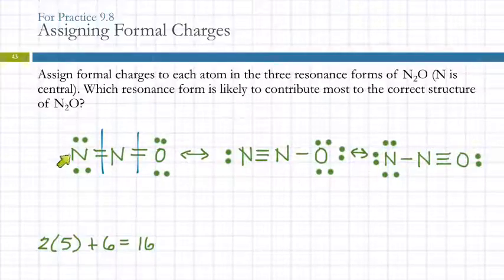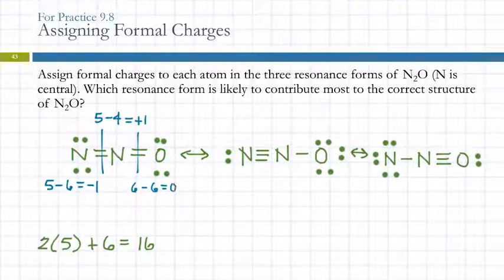Nitrogen brought 5 valence electrons to the business, and how many would he leave with? 6. 2, 4, 5, 6. So 5 minus 6 is -1. This nitrogen also brought 5 electrons. I'll do him on top. And how many is he leaving with? 4. So 5 minus 4 is +1. And this oxygen brings in 6, and it's leaving with 6, so its formal charge is 0.